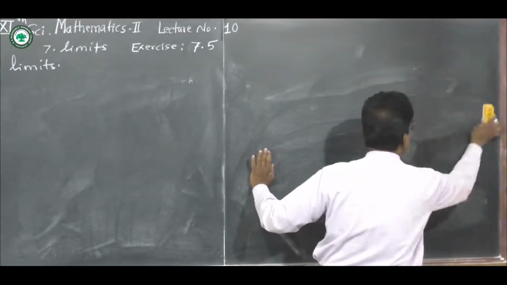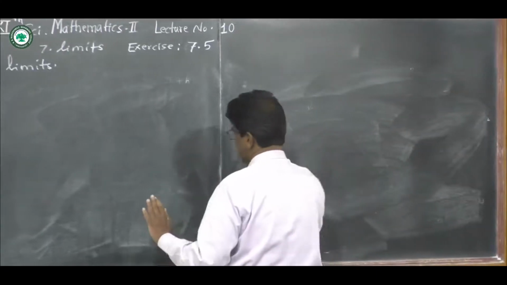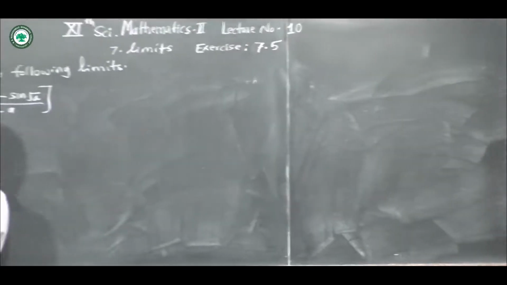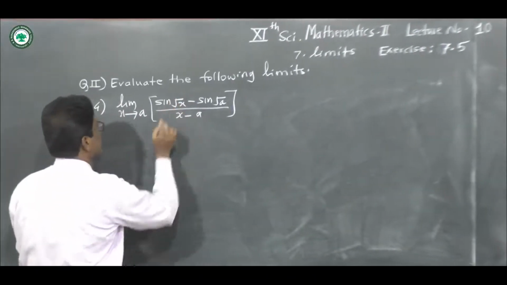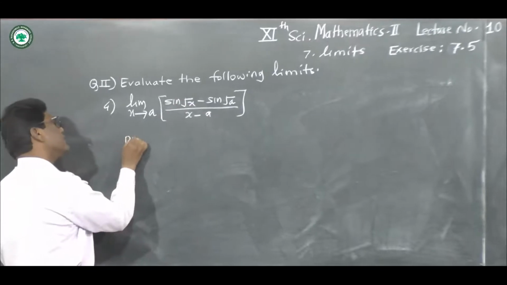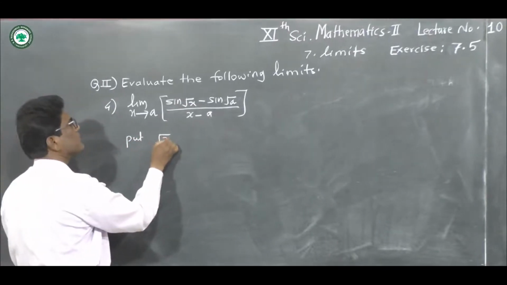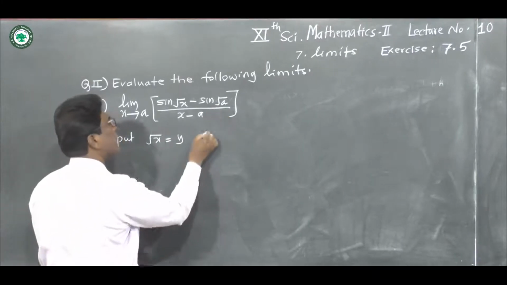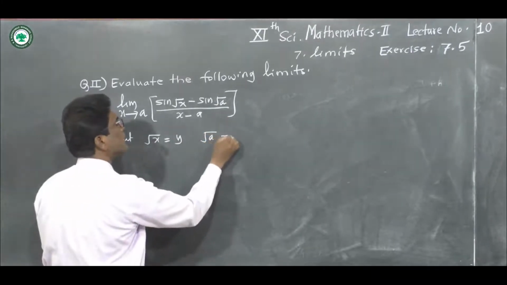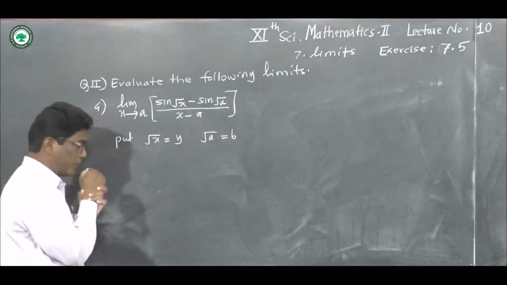We have to use substitution again and again. See how to put here. So we consider this root x. Put here root x as y, root x is equal to y. And this root a as b, root a is equal to b.